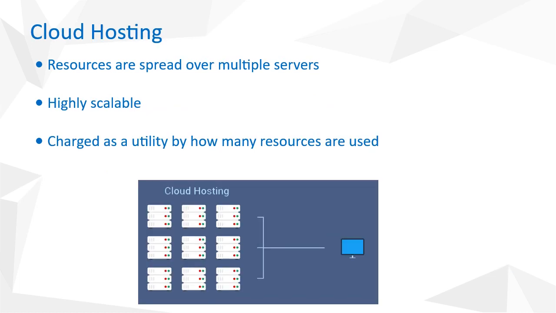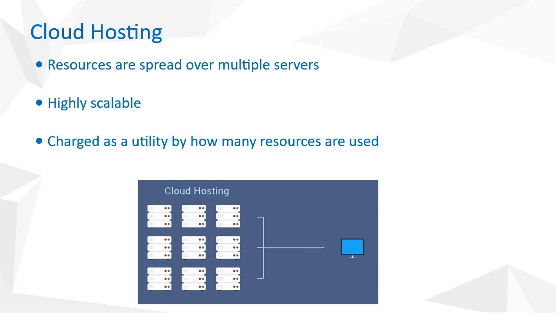Now, most of you have probably heard of cloud hosting. Cloud is a new buzzword in the industry and has many great advantages. Some of the major cloud hosting providers you've probably heard of are Google Cloud and Amazon AWS. Cloud hosting works by having multiple servers working together, running your website or application by combining their resources, making it highly scalable.